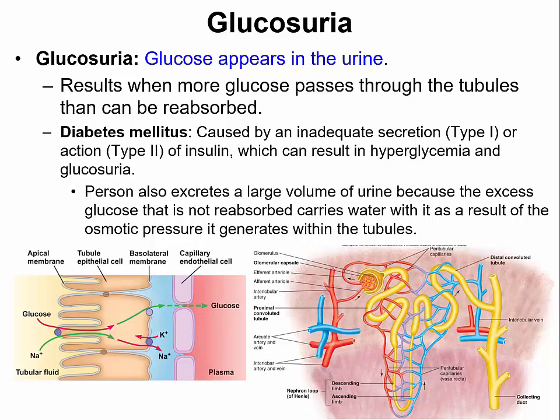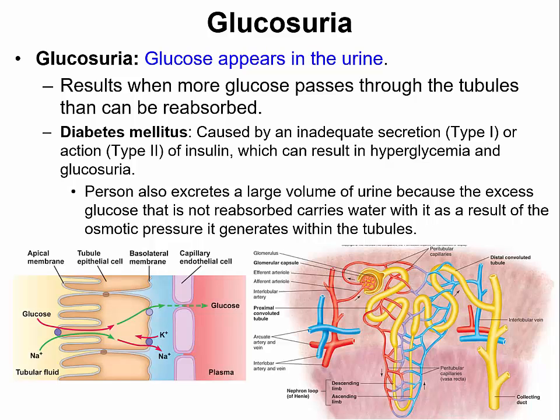So in diabetes mellitus, which is caused by either an inadequate secretion of insulin, which is known as type 1, or an inadequate action of insulin, where the receptors aren't responding to insulin, which we call type 2 diabetes, both can result in hyperglycemia and glucosuria.